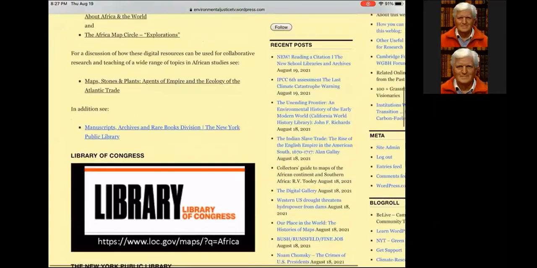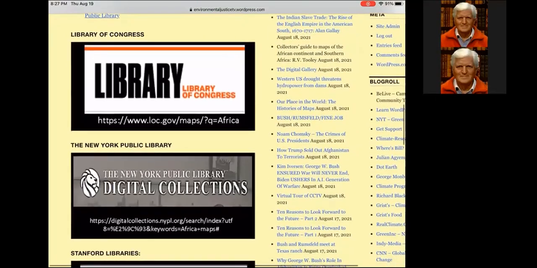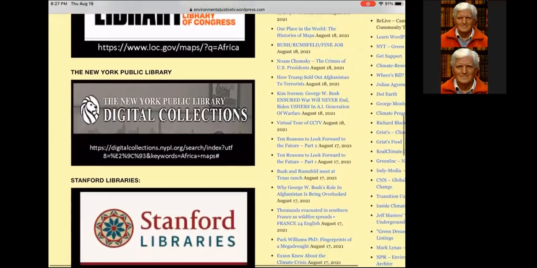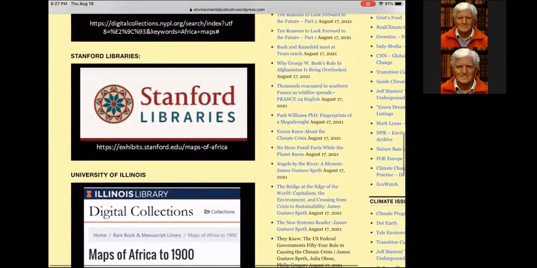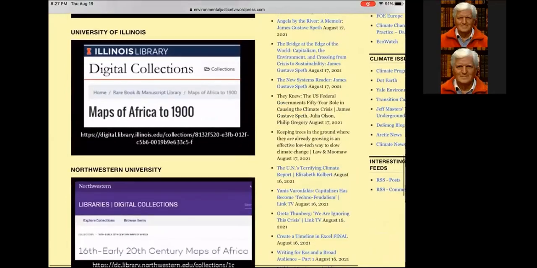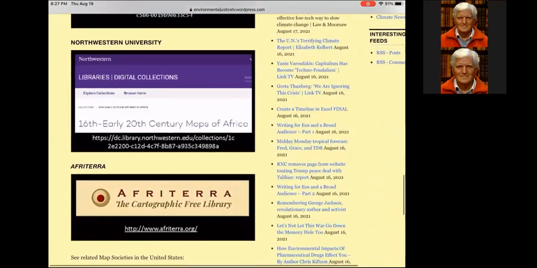There are several libraries you can draw these things from, including the Library of Congress, New York Public Library, Stanford University Libraries, University of Illinois, Northwestern University, and a very valuable private collection entitled Afroterra. Their maps are perhaps the best organized in all of these different libraries. So let's take a look.